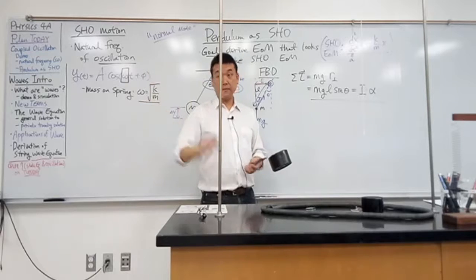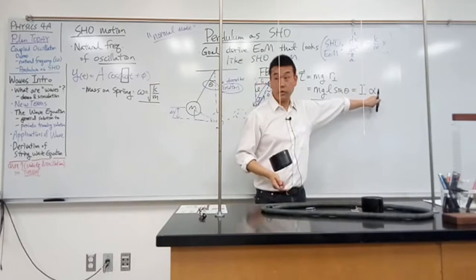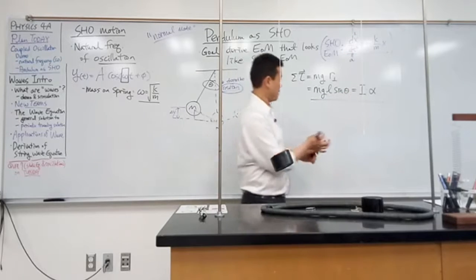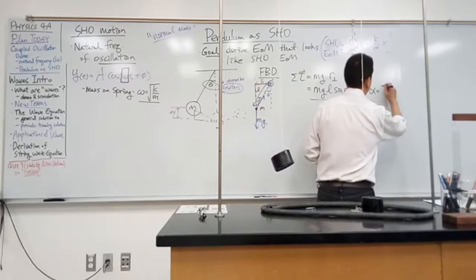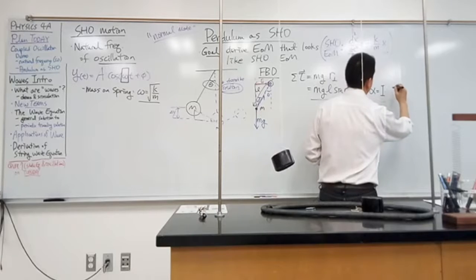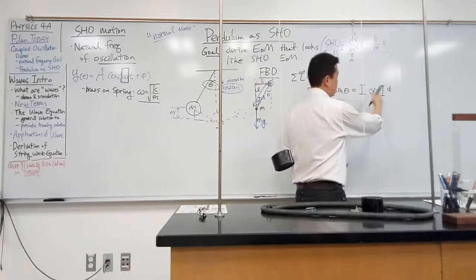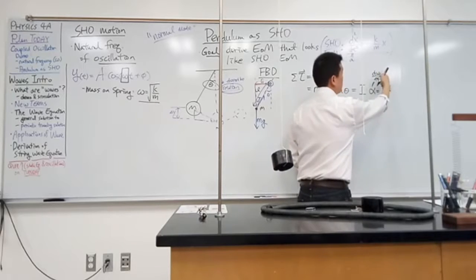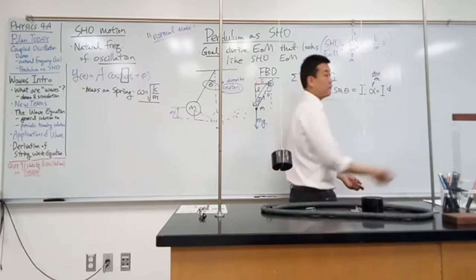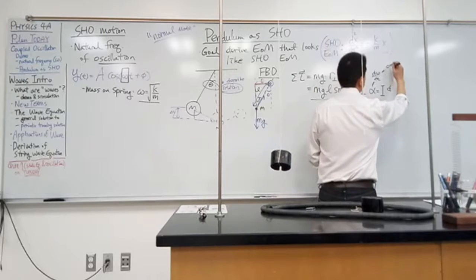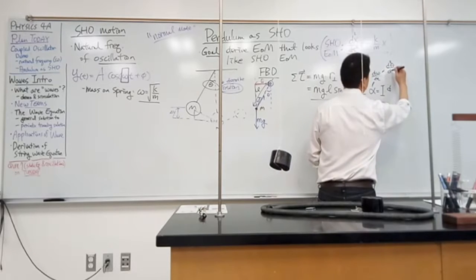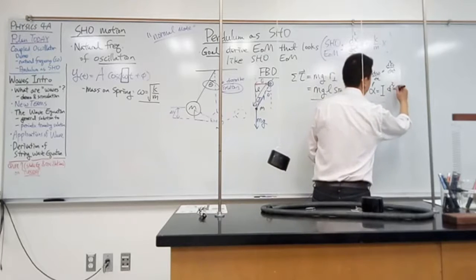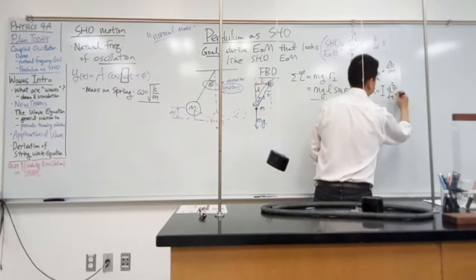So I'm going to write angular acceleration in terms of the angle. This is equal to I times the angular acceleration, which is the rate of change of angular velocity. Angular velocity is the rate of change of angular position. So this is the second time derivative of angular position.